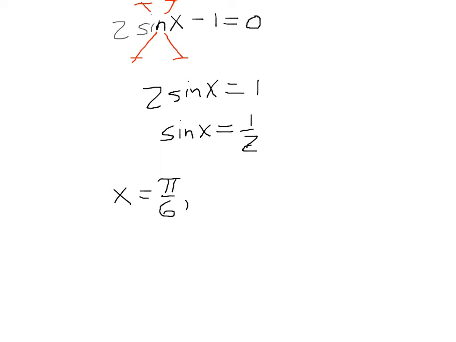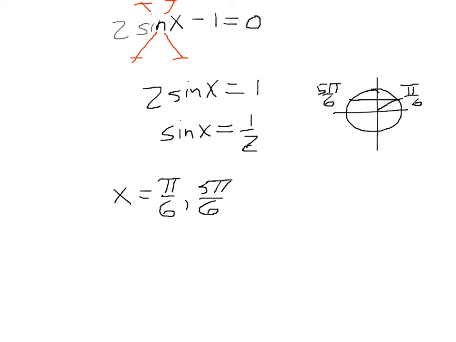But we also know there's one other, and so we're looking for all possible solutions. If we go to our unit circle, where our y-coordinate is 1/2, there's pi over 6 over here. The other place is 5 pi over 6. And so there's our two solutions in our first cycle around the unit circle.